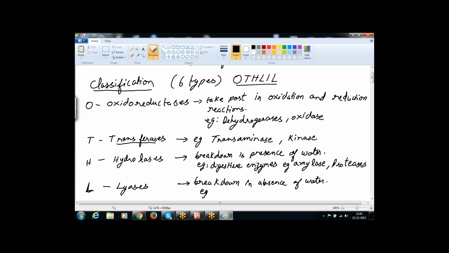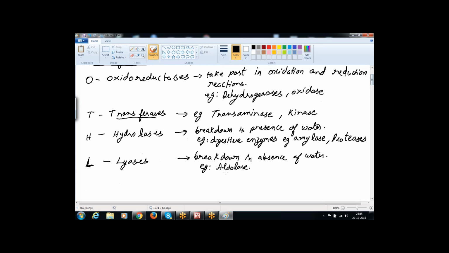An example is aldolase. Remember, aldolase was the enzyme causing splitting of fructose 1,6 bisphosphate into glyceraldehyde 3-phosphate and dihydroxyacetone phosphate. The splitting in glycolysis is done by aldolase. That was happening without the help of water.